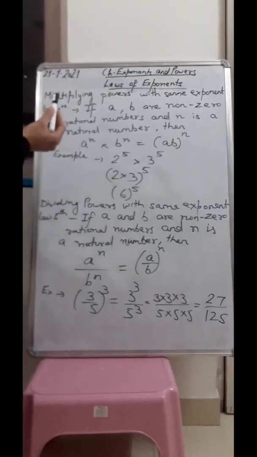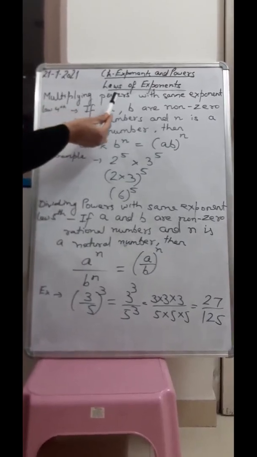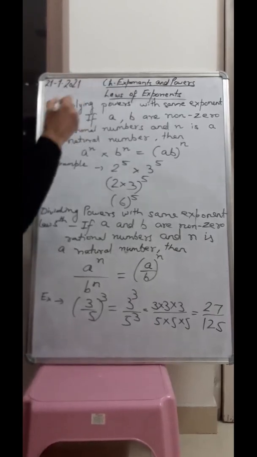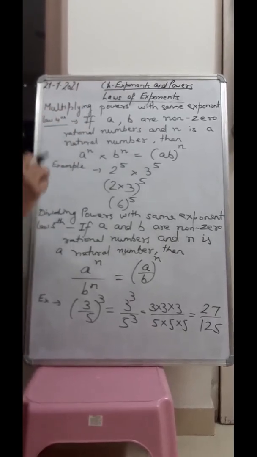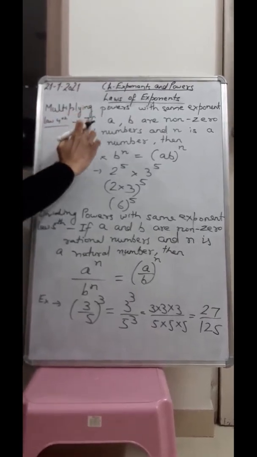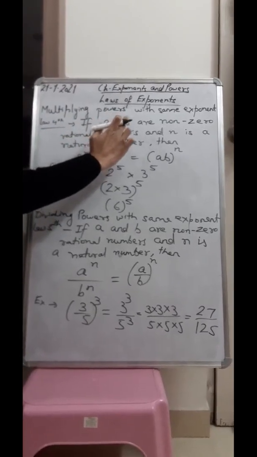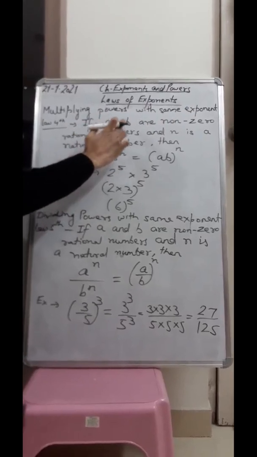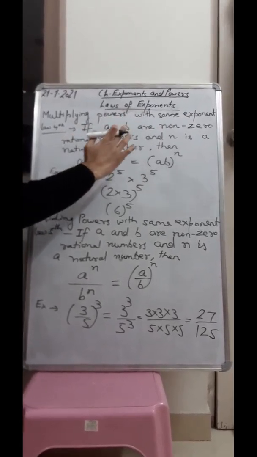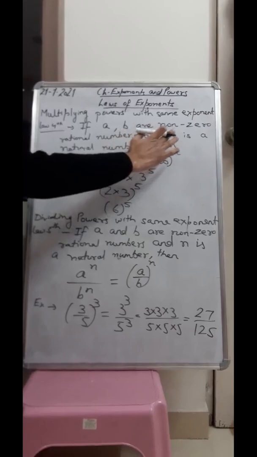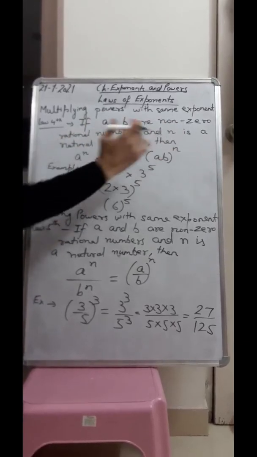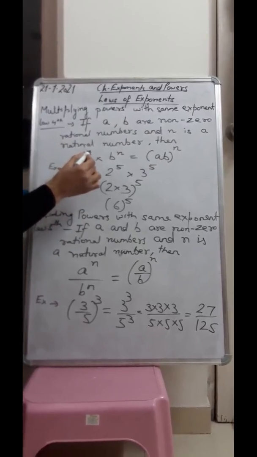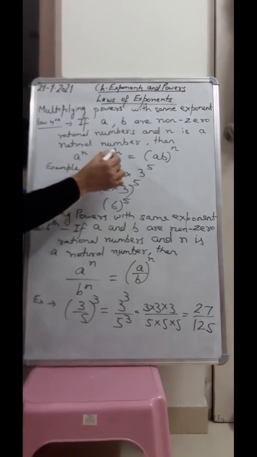Students, the next topic is multiplying powers with same exponent. Here we have law 4. Law 4 says that if A and B are non-zero rational numbers and n is a natural number, then the rule is A raised to power n multiplied by B raised to power n.